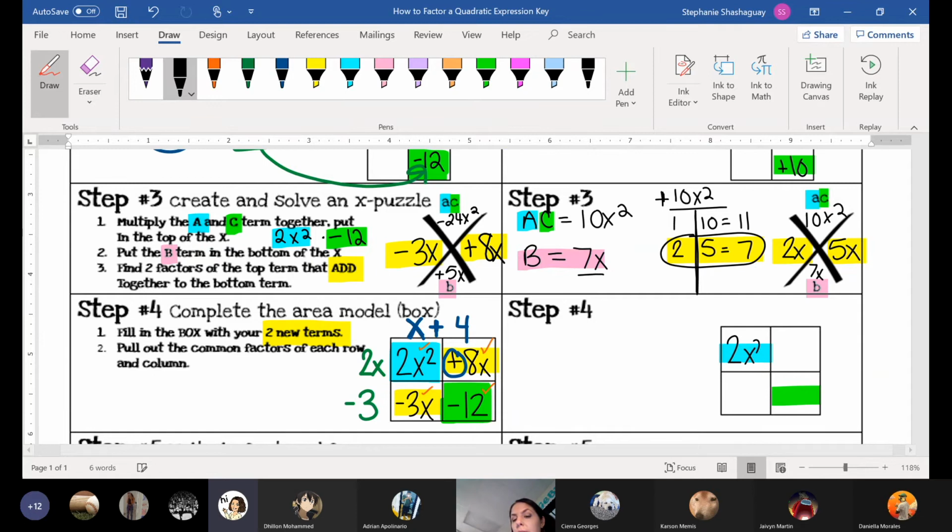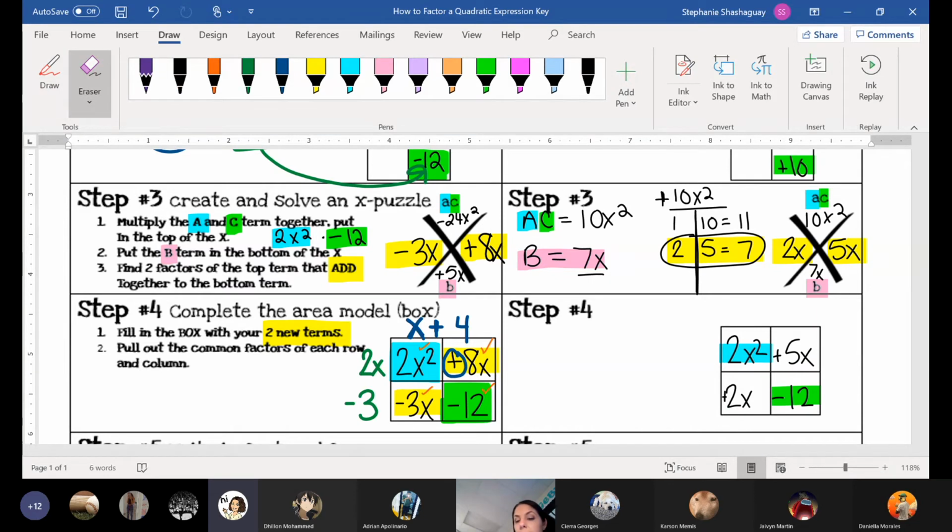So I have 2x squared and negative 12. And then I'm going to have a positive 2x and a positive 5x. That's not a negative 12. Sorry, I'm looking at the wrong one. And this is a positive 10. That makes a little bit more sense.